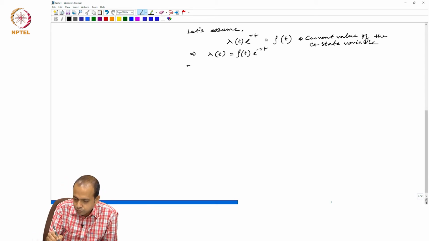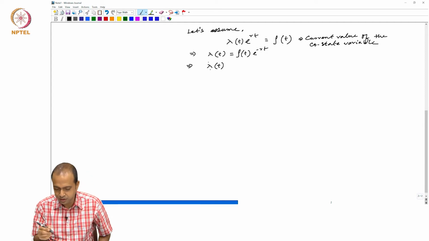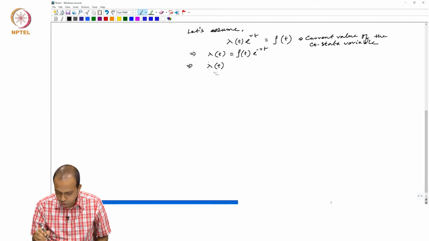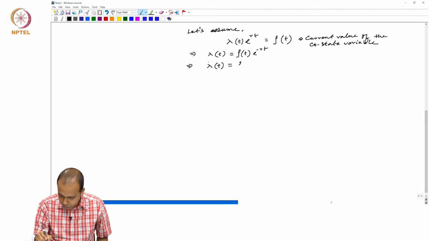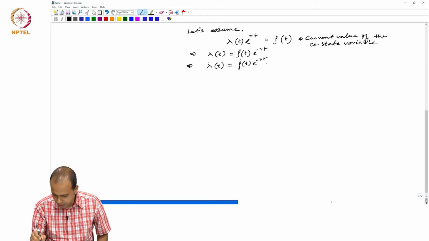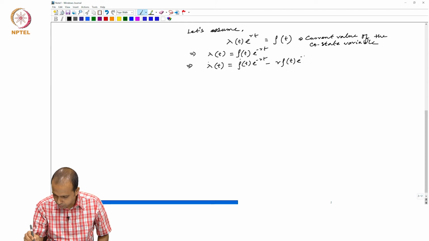So, from here what I can say that rho dot t means differentiating with respect to t, sorry, lambda dot t would be equals to rho dot t into e to the power minus r t minus r into rho t into e to the power minus r t.